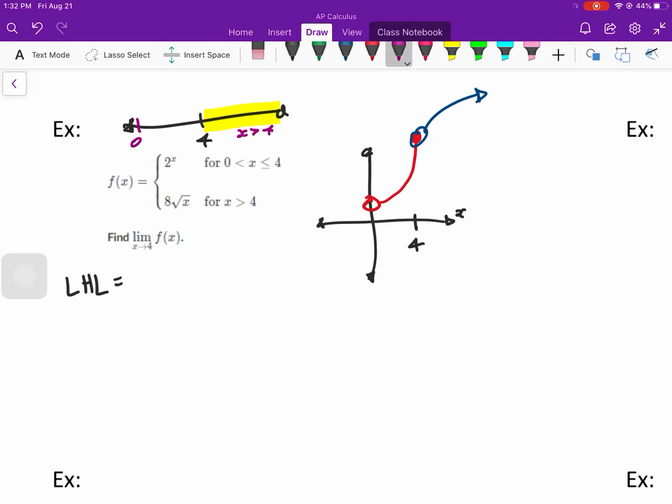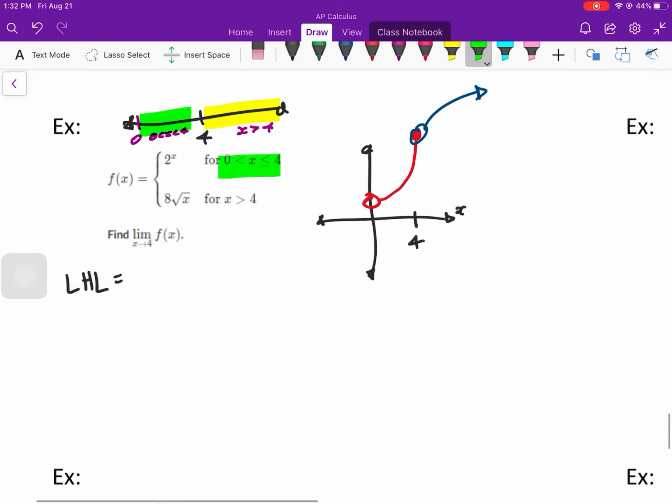And then between 0 and 4, that would be right here. This is where x is between 0 and 4. So the left-hand limit would actually be coming from this function here. So we're going to use the 2 to the x when we do this one. So the left-hand limit is going to be 2 to the 4, which is 16.